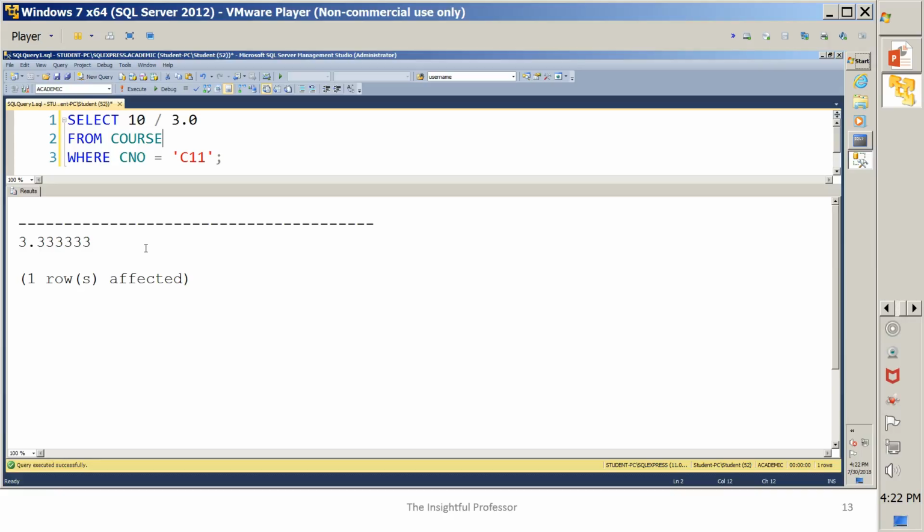This is an important point to consider if you're going to be doing arithmetic of this nature. Now, we're using the arithmetic within the select clause. But if we were to do an update operation and alter the value of a column within a table, looking at some existing row, we could also be using arithmetic expressions of this sort. So these expressions are not used exclusively for data retrieval.